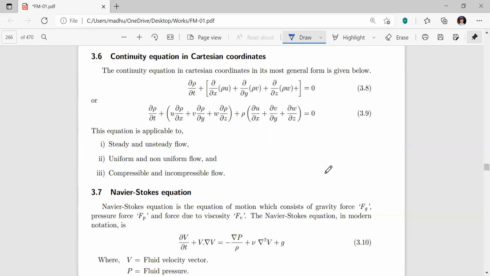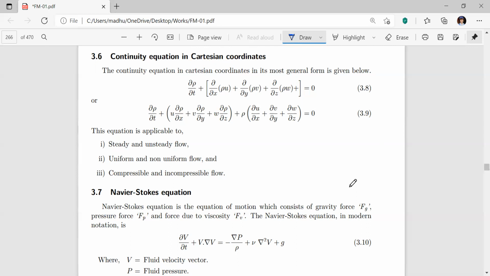We have already studied the continuity equation, but again, in this chapter, the continuity equation in Cartesian coordinate form is given by equation 3.8, where d rho by dt plus d by dx of rho u plus d by dy of rho v plus d by dz of rho w is equal to 0. Or this is the expanded form in equation 3.9.